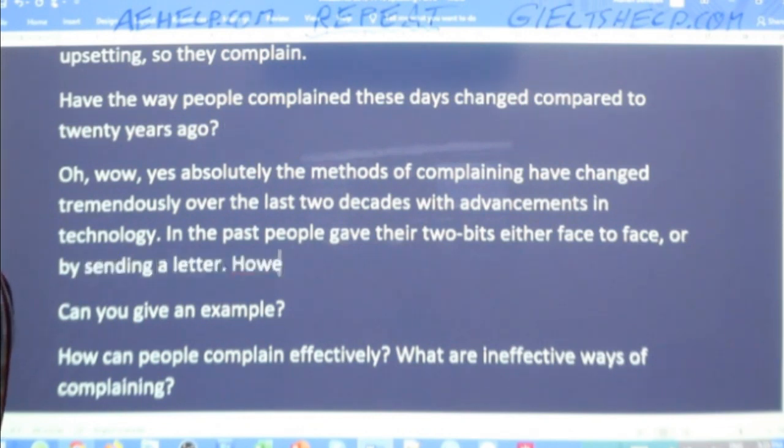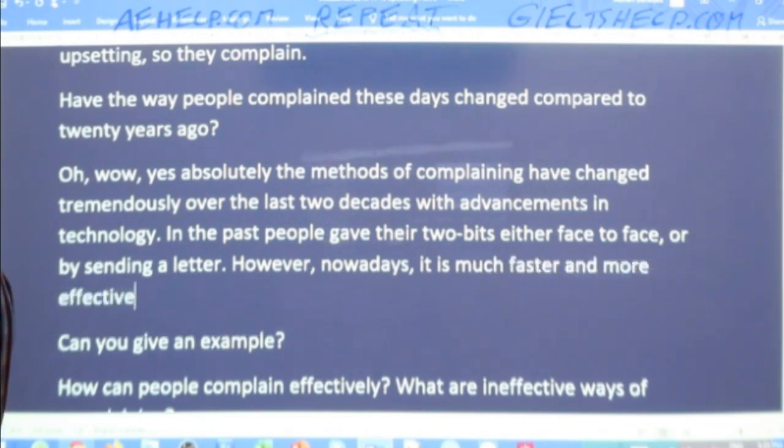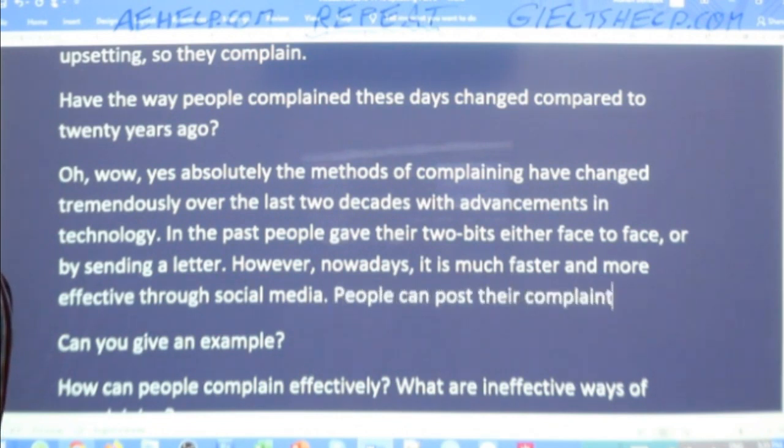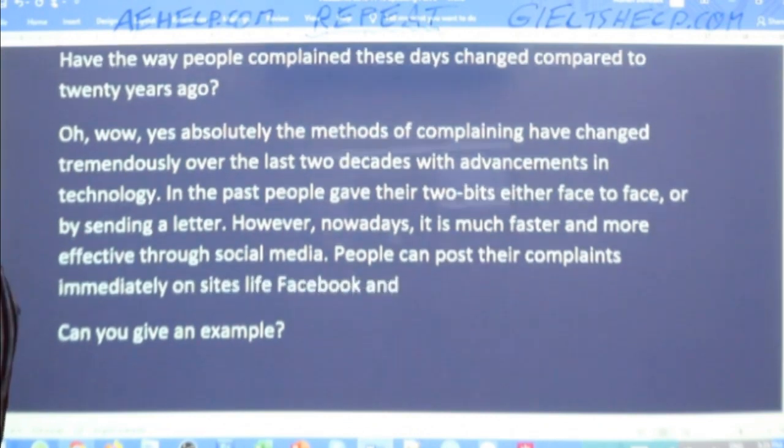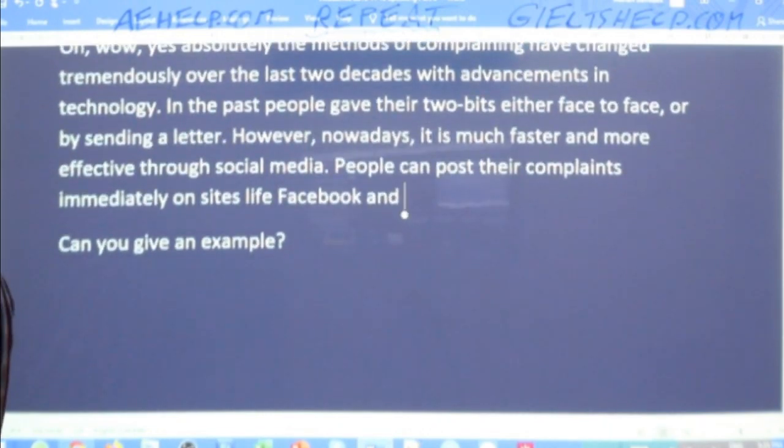However, nowadays, it is much faster and more effective through social media. People can post their complaints immediately on sites like Facebook and influence hundreds of people.